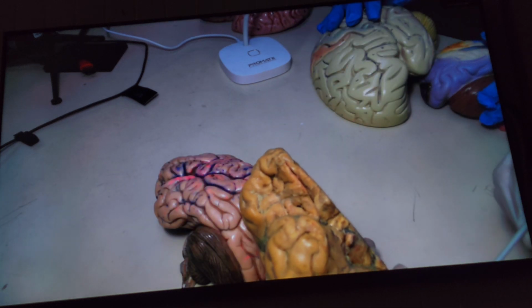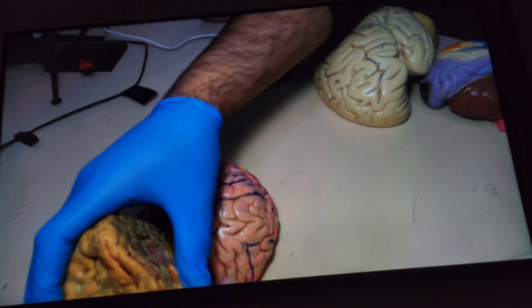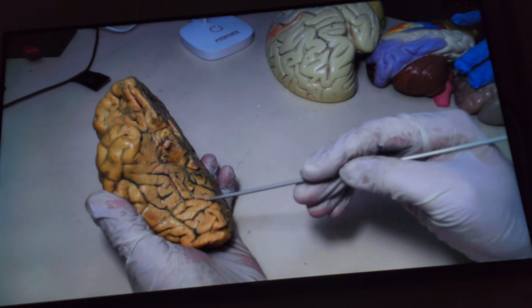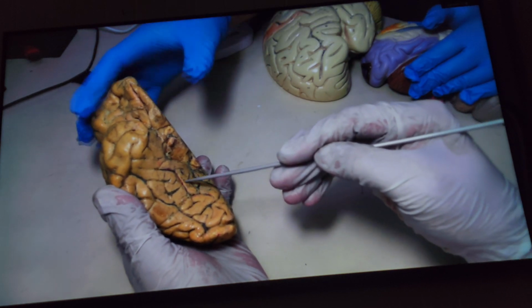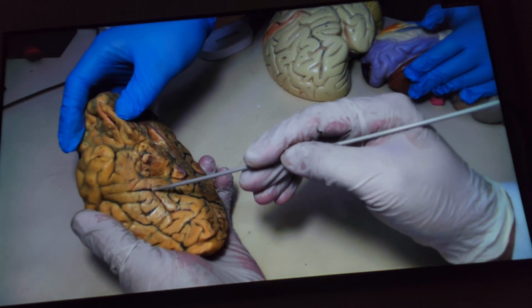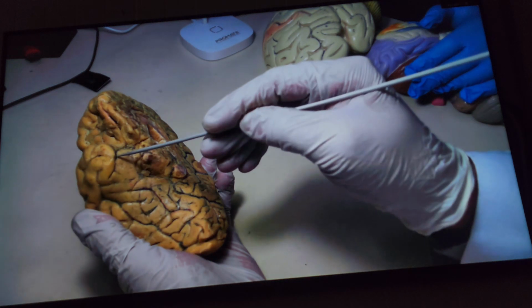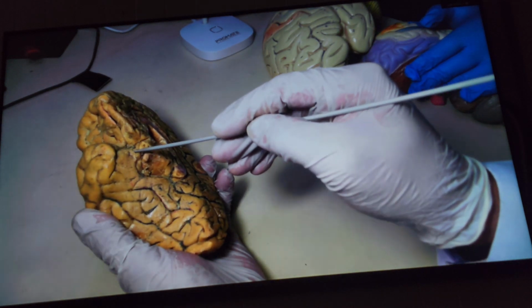On the inferior surface of the cerebral hemisphere, we can see the lingual gyrus on the medial aspect, and anterior to it another gyrus called the parahippocampal gyrus. The parahippocampal gyrus loops here at this region, forming a structure called the uncus.